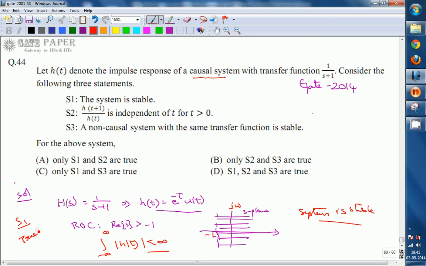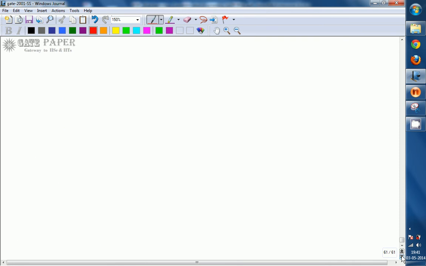Coming to the second statement, that is S2: h of t plus 1 divided by h of t is independent of t for t greater than 0. Considering this, we need to calculate it.